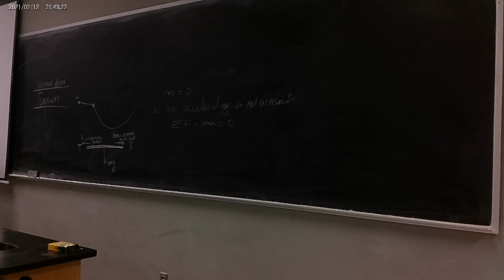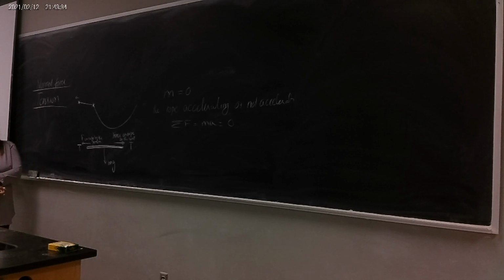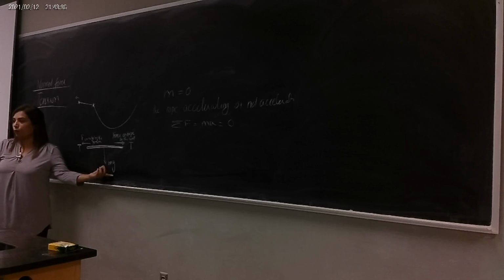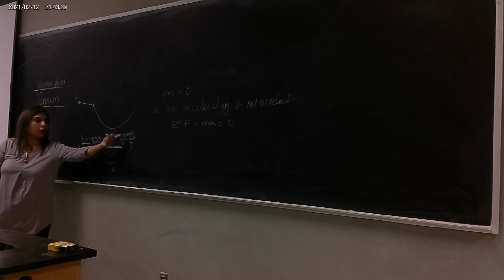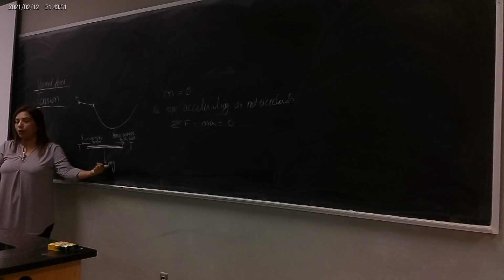If we consider that it's a very light string, it doesn't have a mass, and in most of the problems that you will do in this course, you will use ropes which have negligible mass, and you will not consider any gravity force making any impression on the overall forces. So the net force on the rope should be equal to 0 according to Newton's second law, and that remains 0 because there is no mass to apply gravity to. So there would be no net force on that rope.